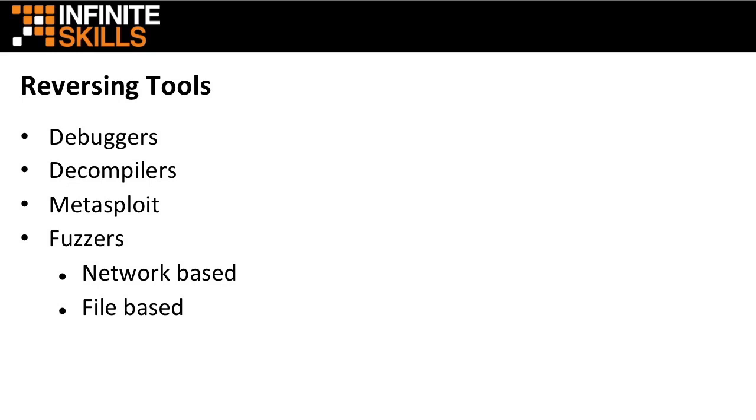We will also discuss Metasploit. Metasploit is a very popular tool for those of us in the information security industry. It is an exploitation framework. So it allows you to develop exploits, also to deliver them in a nice automated manner. We will also talk about applications called fuzzers.